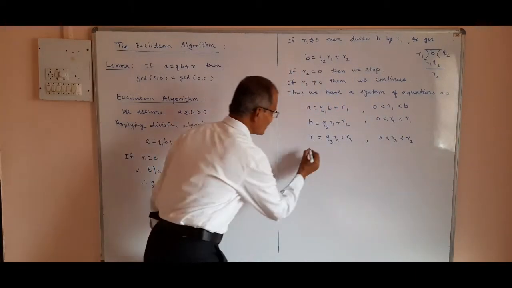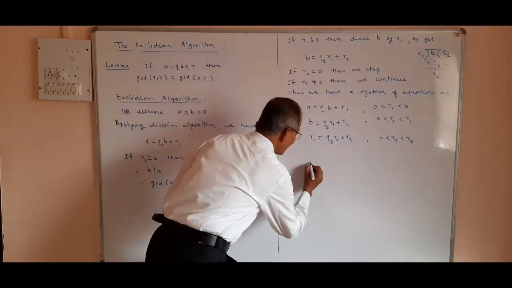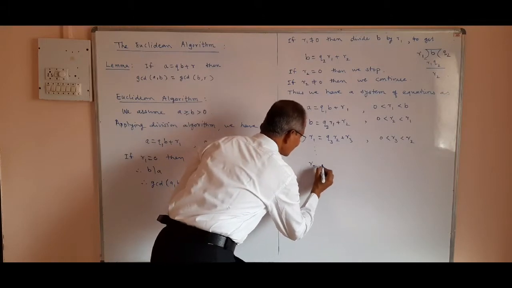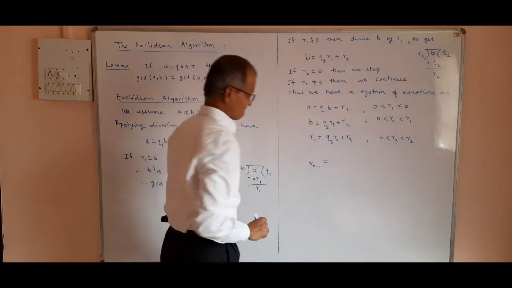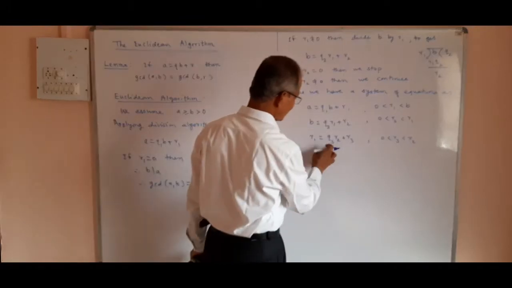And so on. In general, we will have r(n-1) = qn r(n) + r(n+1)... Now you see the difference in this.